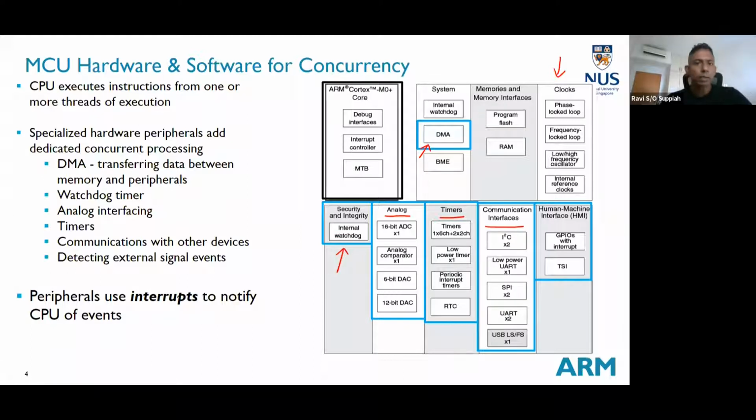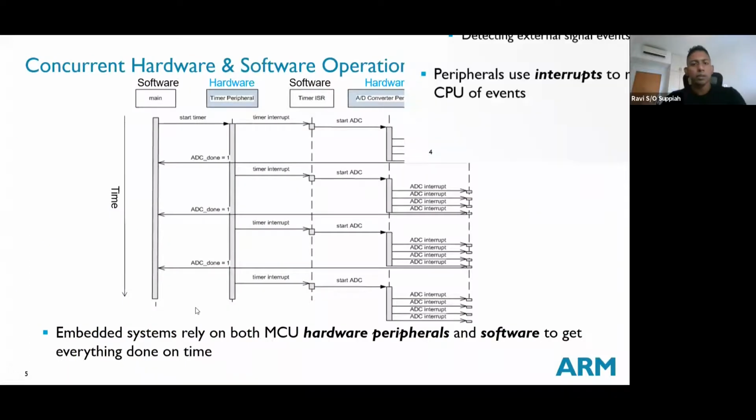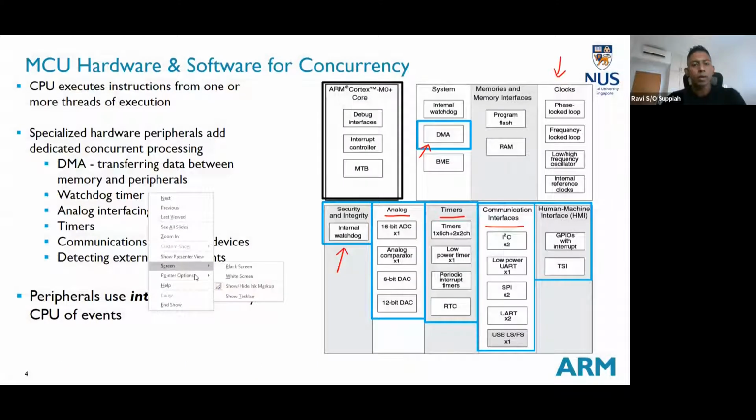At the same time, in EPP 2, we also introduced you to the concept of interrupts. Through the concept of interrupts, we know that these peripheral systems actually have a way of notifying us when certain events occur.